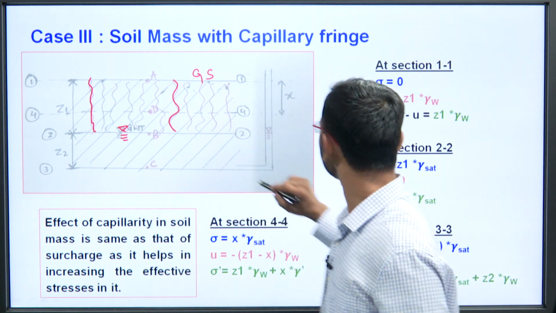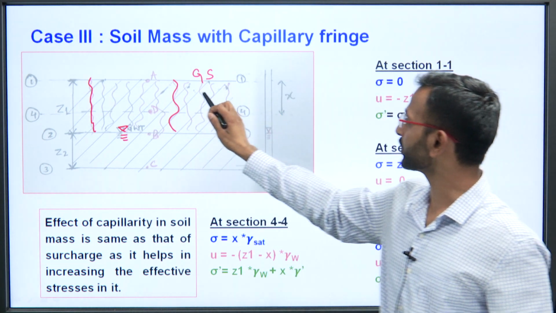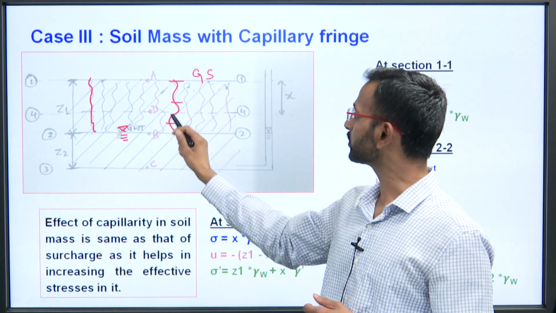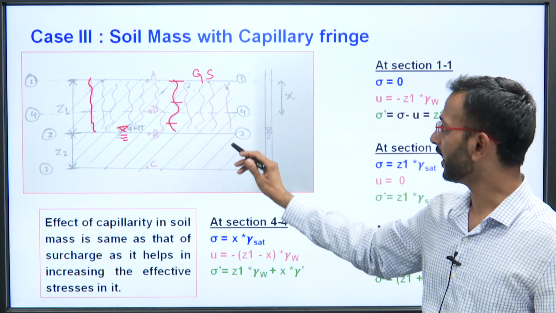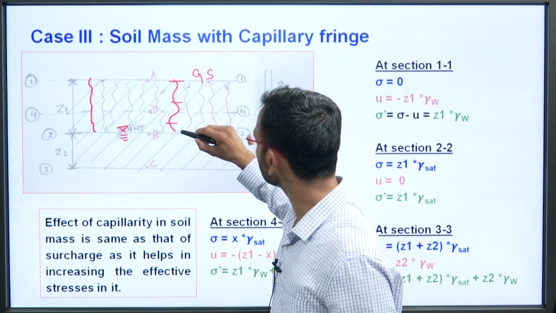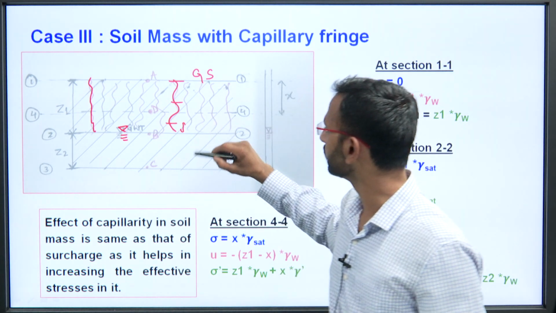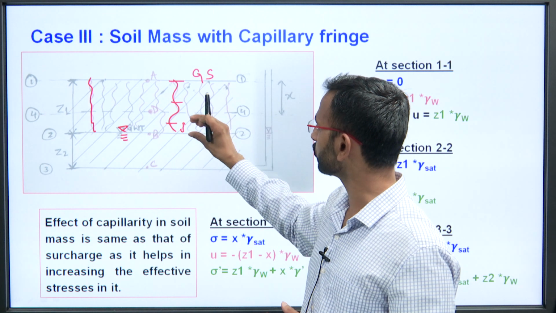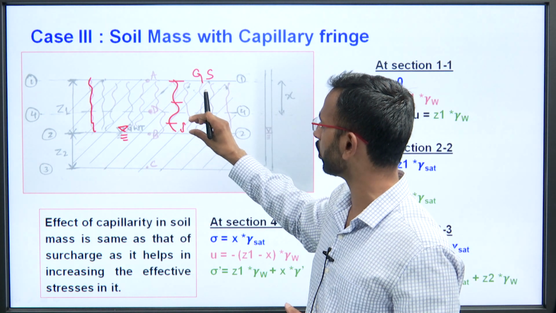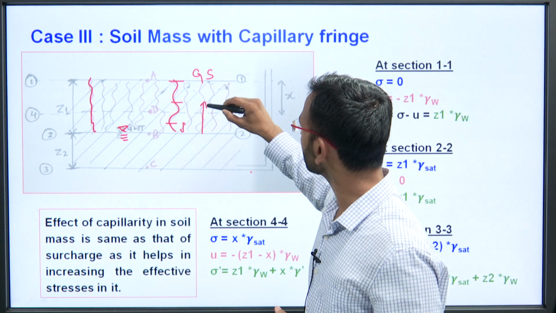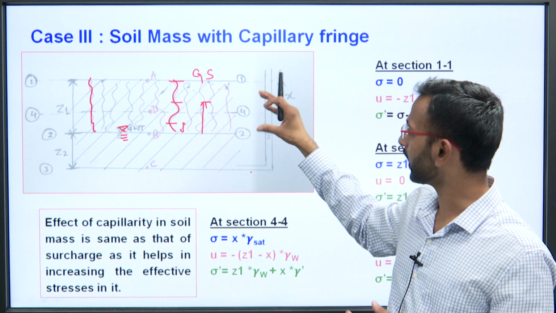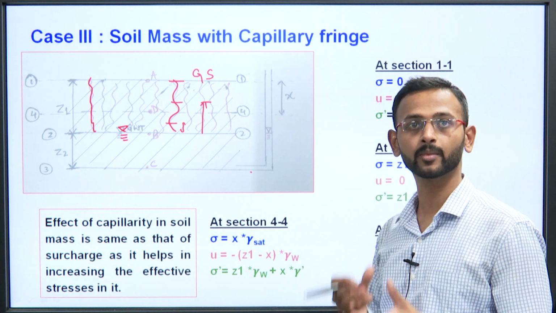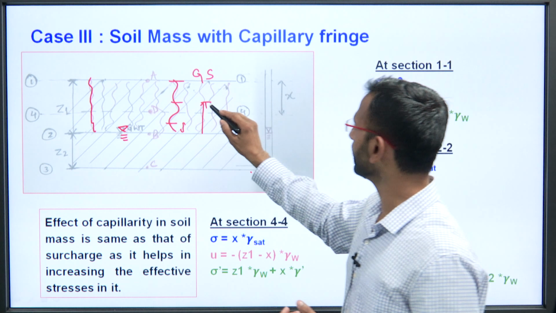But understand that the pore water pressure at this point, or this point, or this point, is due to the capillary water pressure. For this small height, the water has to rise only a very small amount, but at this greater height, the water has to apply much more force to hold the water in tension.